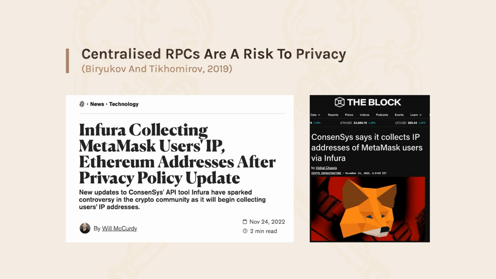So when you have a client that actually shouldn't and doesn't know anything about the state of the blockchain, and then you have Infura as an RPC provider, and they're both run by the same company, all of a sudden it's not so decentralized anymore. So it actually poses a risk to trust that RPC provider, to trust that client, and to trust that they're not one and the same entity.